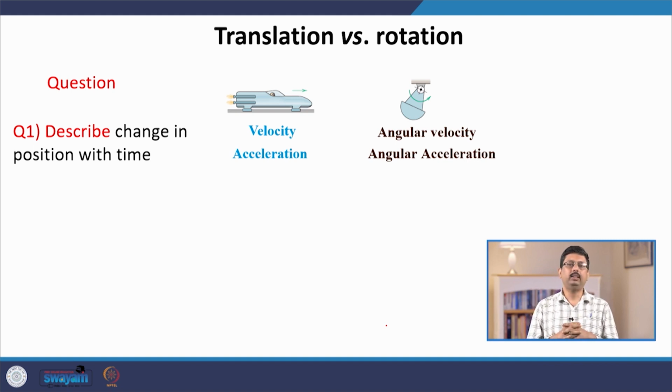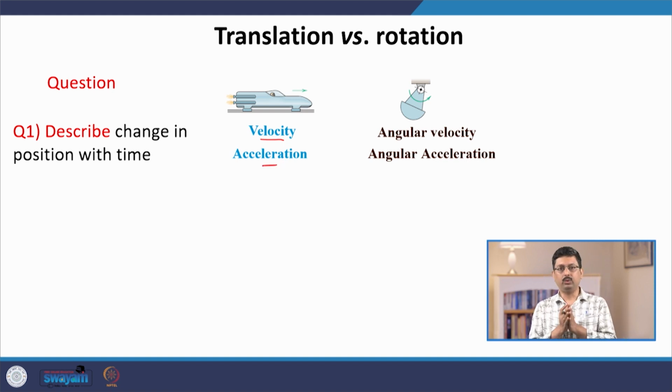Now, in mechanics you can essentially ask two questions about the motion. The first question is how do we describe the change of position with time, and for that, in the case of translation, we use the displacement. We can monitor the displacement of an object, and then the rate of change of displacement, which is the velocity, and the rate of change of velocity, which is the acceleration.